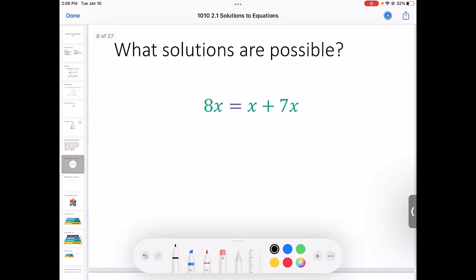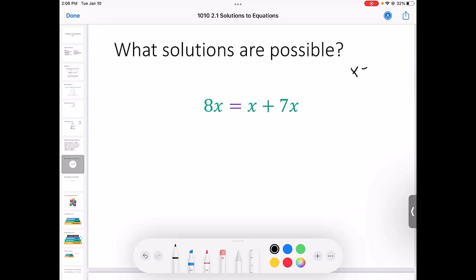So if we look at this equation, what would be a solution to this equation? Once you've got one, raise your hand and we'll test it out. No solutions? Okay, so we have the hypothesis that maybe there isn't any solution to this. What do you think?